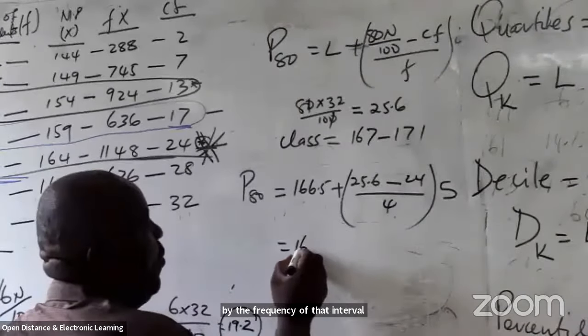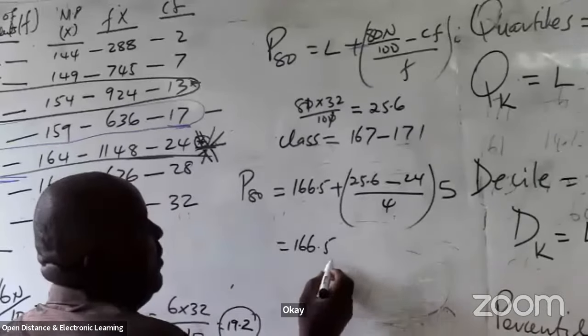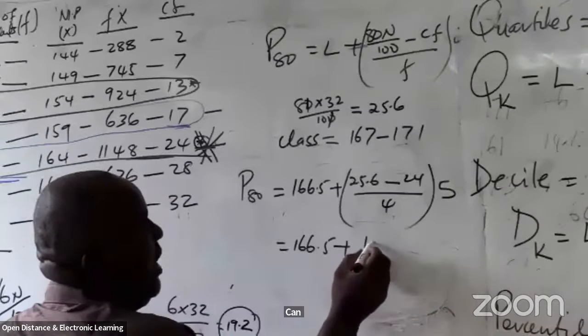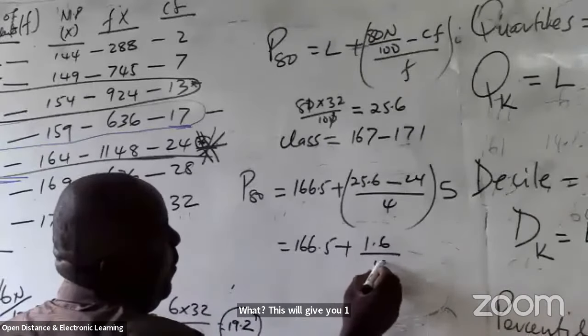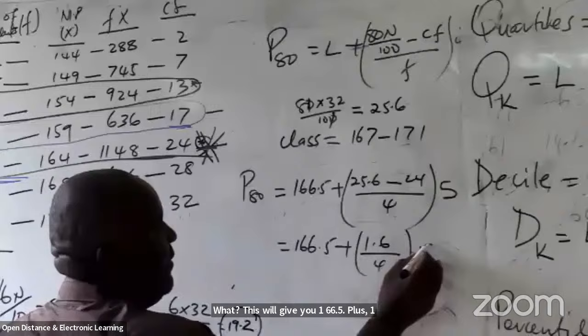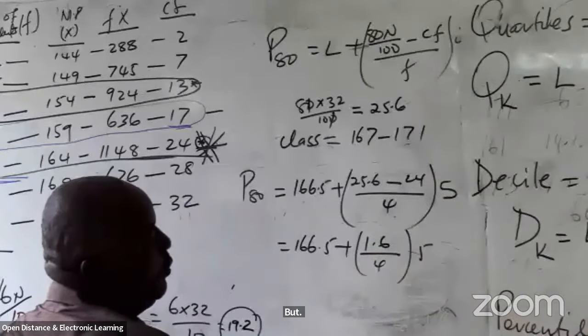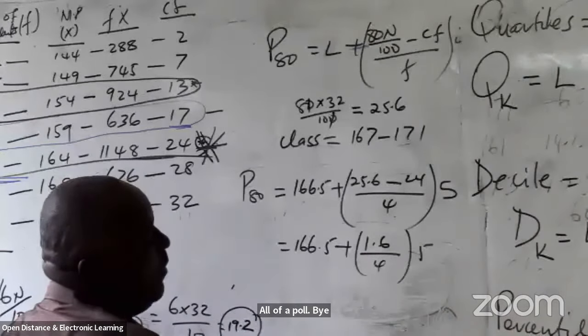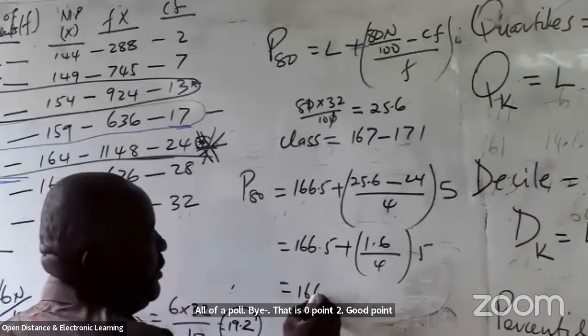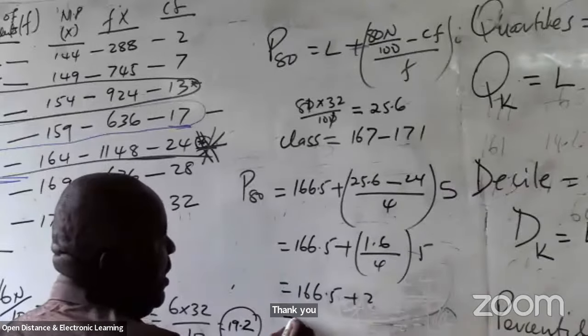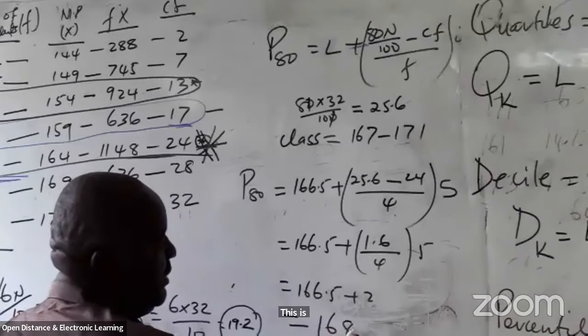So this will give you 166.5 plus 1.6 all over 4 times 5. That is 0.4 times 5, that's 2. This will give you 166.5 plus 2.